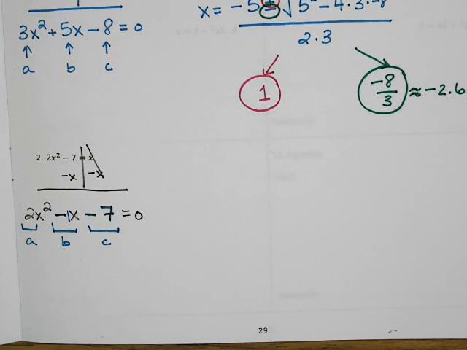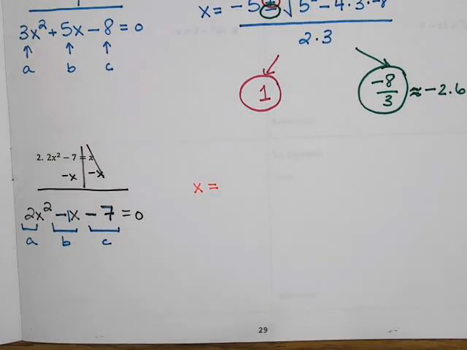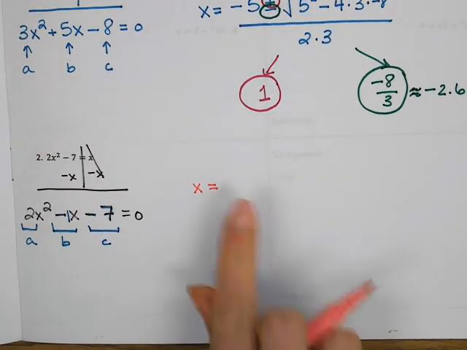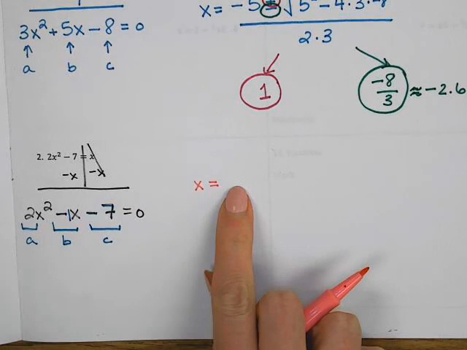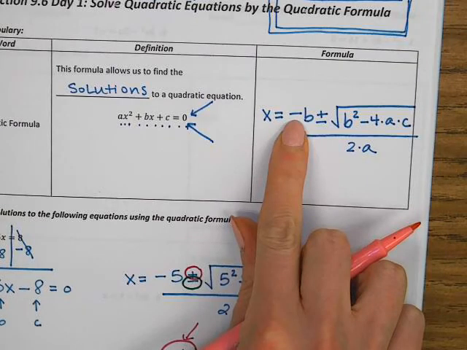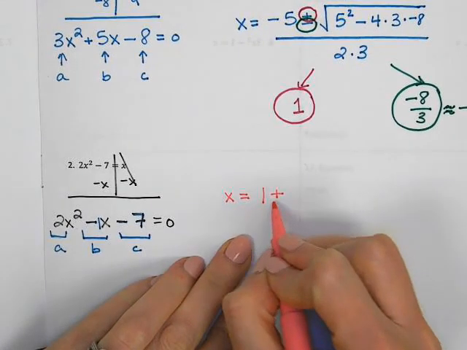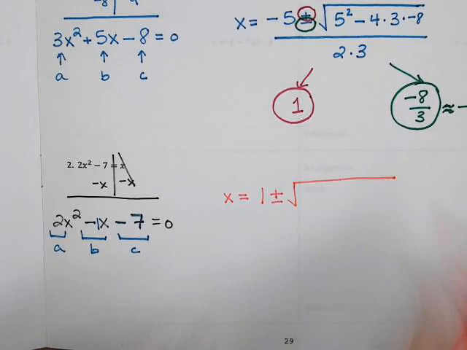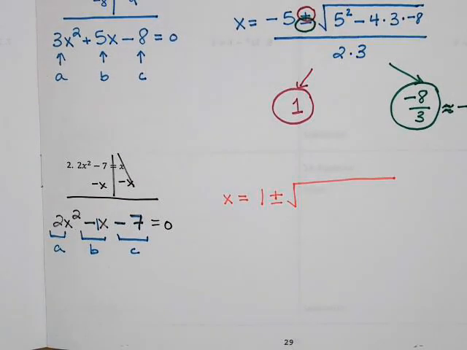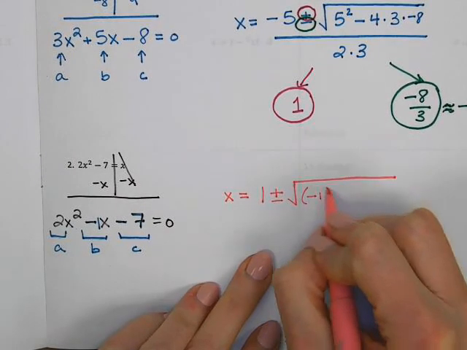All right, we got A, B, and C. Let's plug them in. So the formula is to find x. X equals negative b. But be careful here. What's a negative? Negative 1. Because see how the formula has a negative already? So when you have a negative, negative, it actually becomes positive. Okay, so we're at positive 1, plus or minus, square root, b squared. So negative 1 squared.